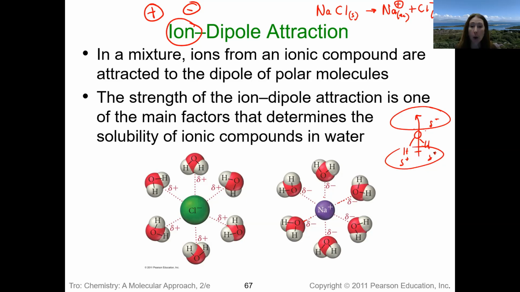So all polar molecules have dipoles. And so we call it an ion dipole because it's an attraction between an ion and a dipole. These are stronger than all the rest of the intermolecular forces. Why? Because an ion actually is positively charged. Sodium isn't a little bit positive. Sodium lost an electron.